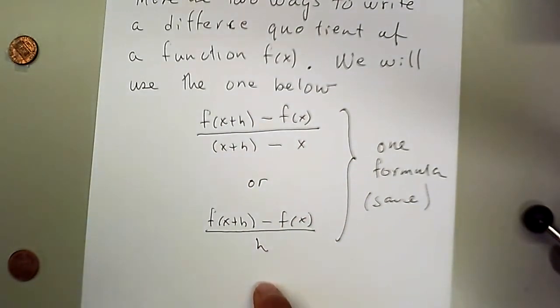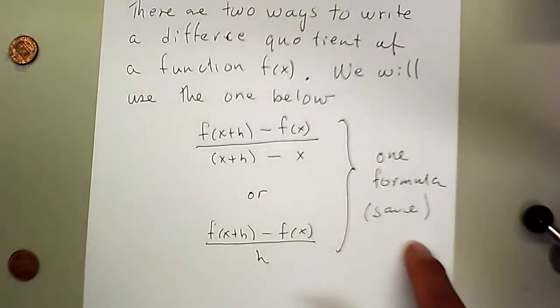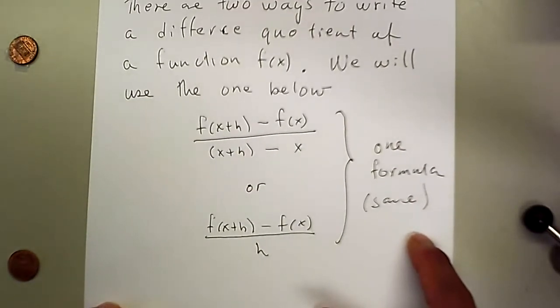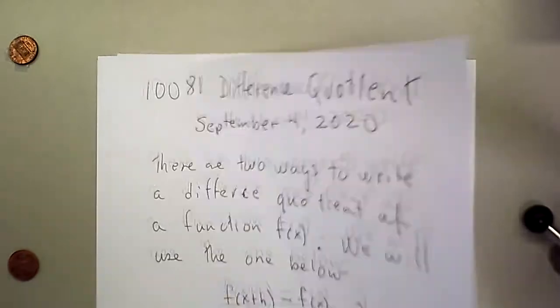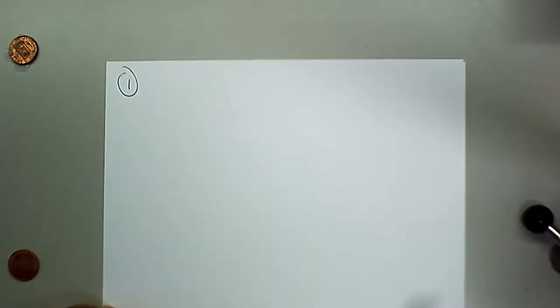And we have to be quite good at coming up with the difference quotient of different functions. So in this video, we're going to show examples of how we find the difference quotient of different functions. All right, so let's start with example 1. Okay, so in all of those examples, we're going to find the difference quotient of the given functions.